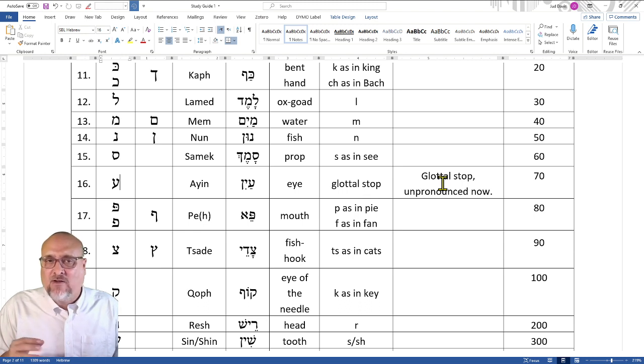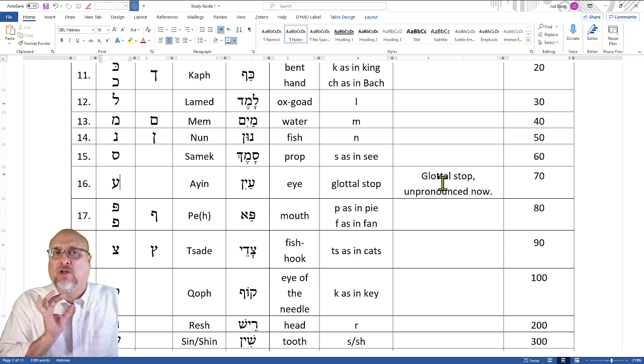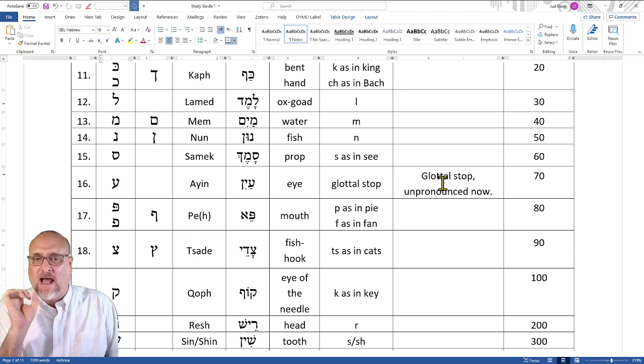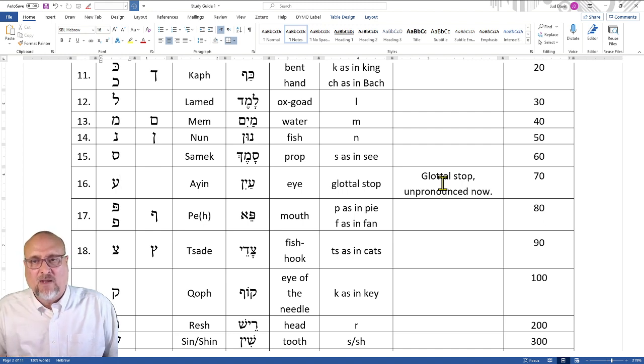The ayin is a hard glottal stop. You're squeezing the back of your throat, right where your throat goes down, and the sound it makes when you let that go, that's going to be ayin.